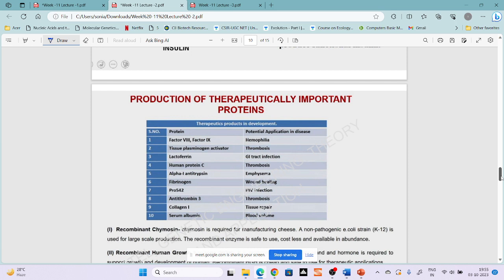And again I'm telling you that this table is very important. When I say important, I'm not just referring to the exam in this certificate. My focus is to tell you the topics that are important for your competitive exams as well.